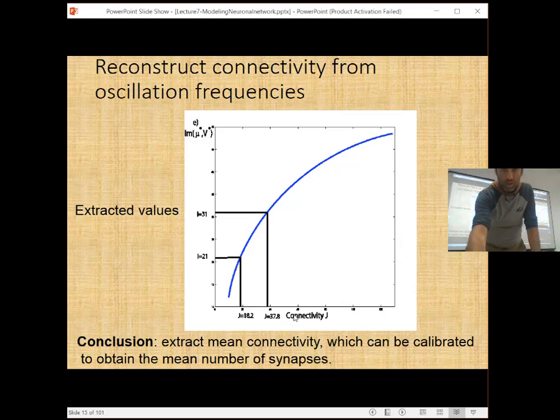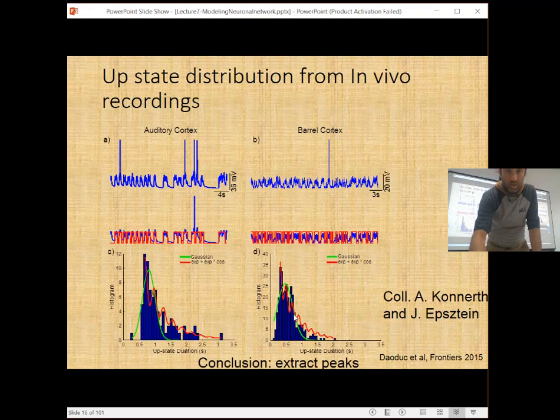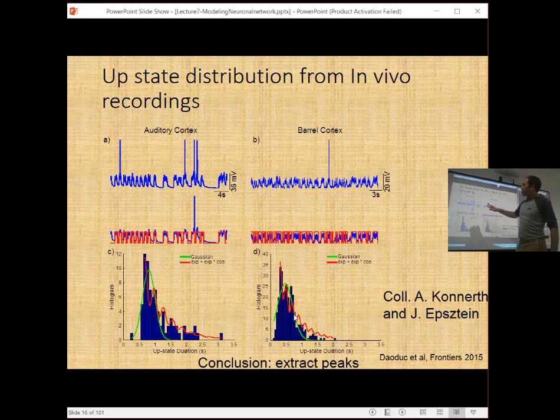Okay, so I think we went up to here. Those are data recorded from neurons in the auditory cortex, the barrel cortex. And at that time, we looked here at the time of this upstate, and we segmented the signal.